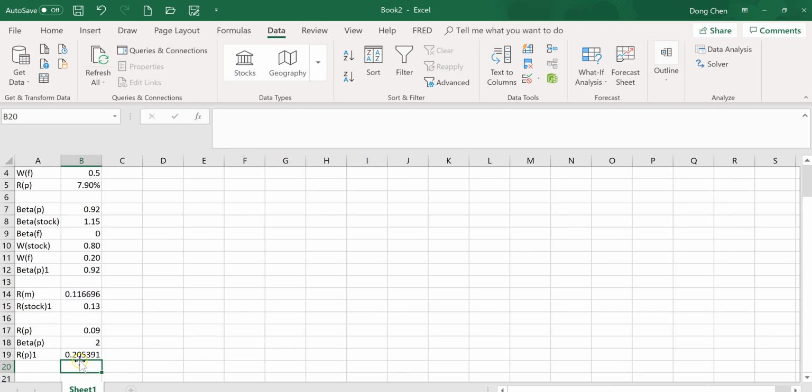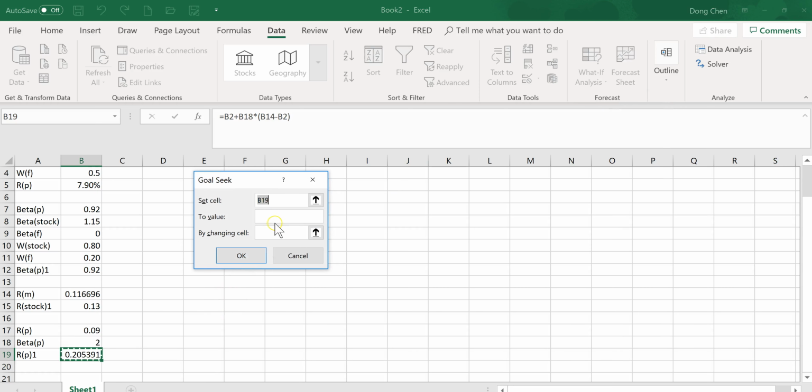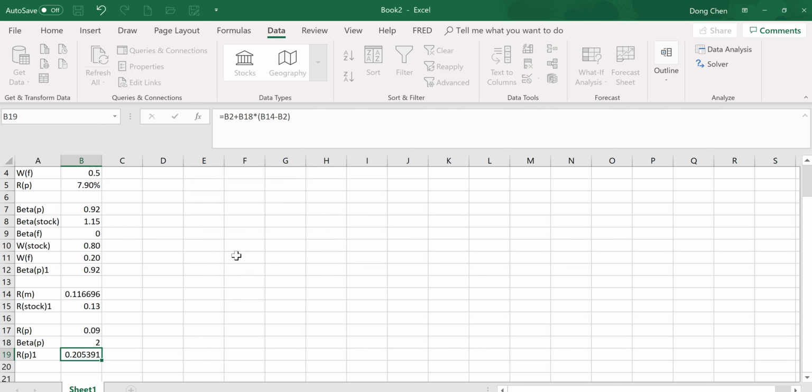So obviously this is not correct because I just randomly chose a number, 2. But again, I can use Goal Seek to find out what beta will make this Rp1 exactly equal to 0.09. So I set the cell to be 0.09 by changing beta, and OK.